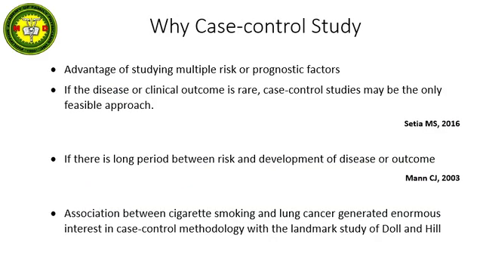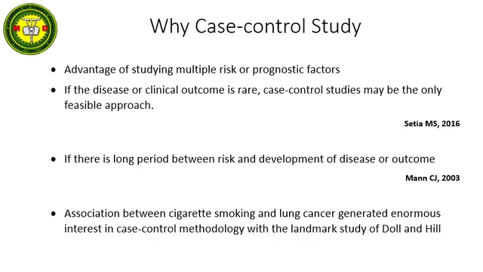All right, now why do a case control study design? As I said earlier, if you're going to do a cohort study, it will take a long time. So the advantage of a case control study is that there is a short observation period.